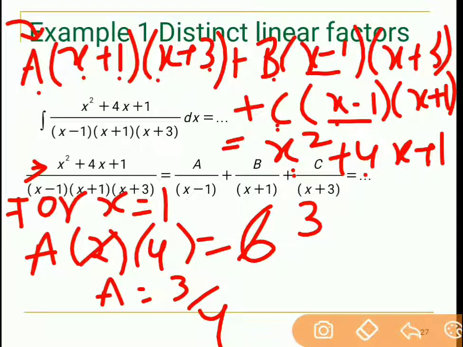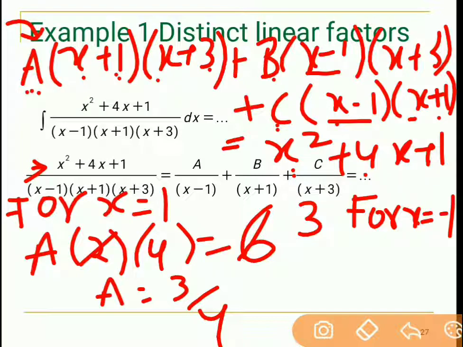If I take x equal to minus 1, the term for A is (x plus 1). So for the coefficient of A, minus 1 plus 1 will be 0. So A's coefficient will be 0. C's coefficient will also be 0 because minus 1 plus 1 will be 0.